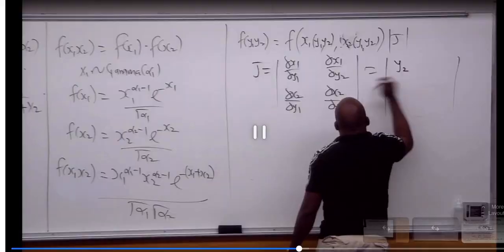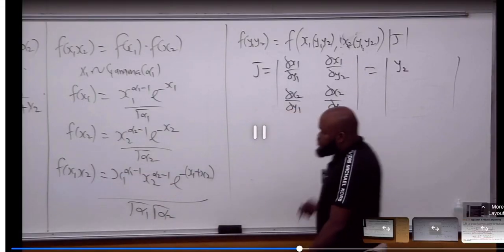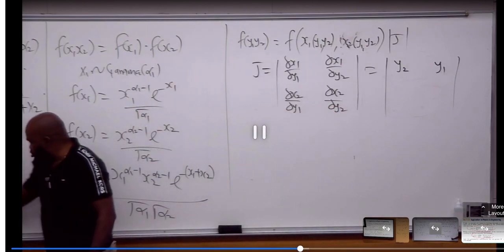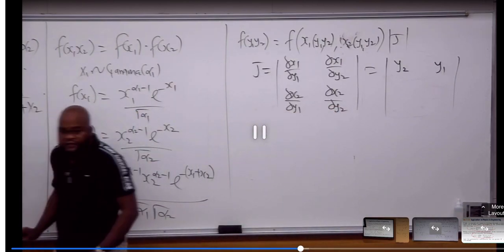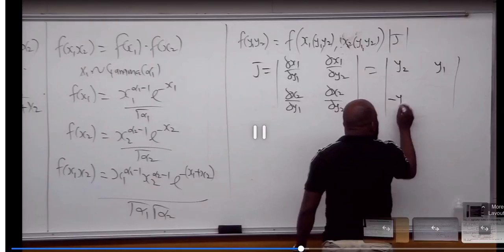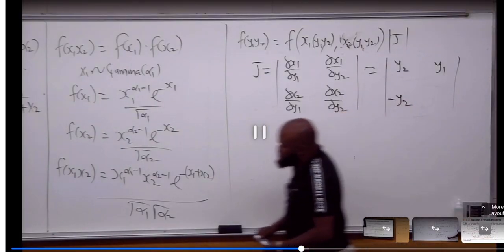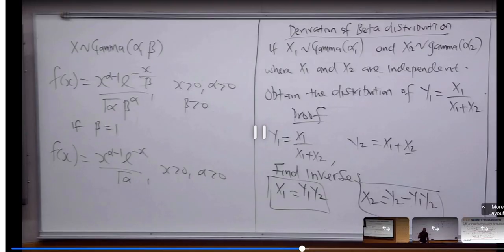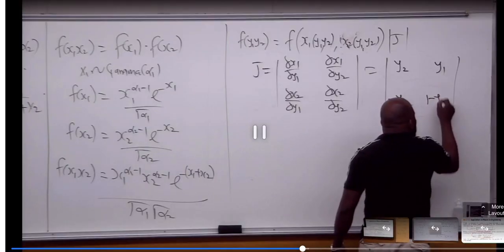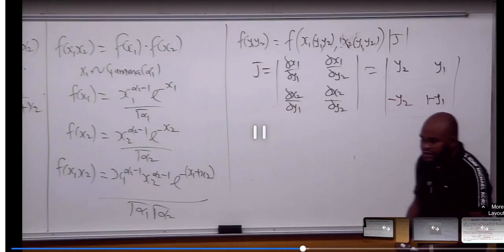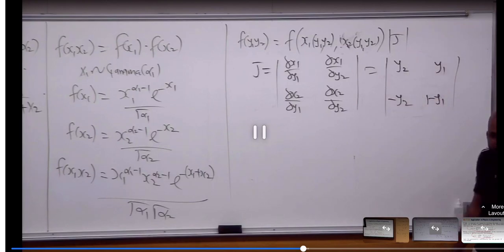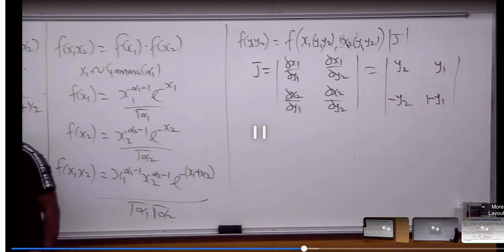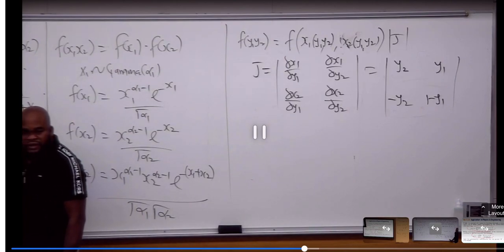The derivative of x1 with respect to y2 is y1. The derivative of x2 with respect to y1 is negative y2. The derivative of x2 with respect to y2 is 1 minus y1. Is there anyone who doesn't understand how I set up my Jacobian matrix? I differentiated this and this, and that may look like a partial derivative.